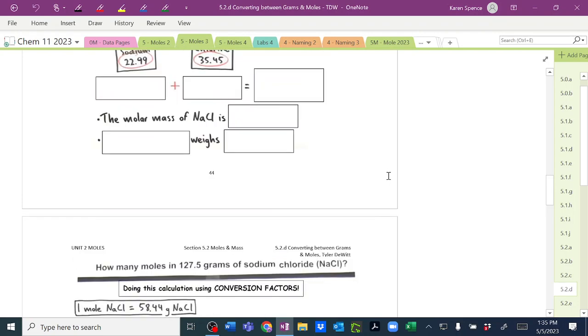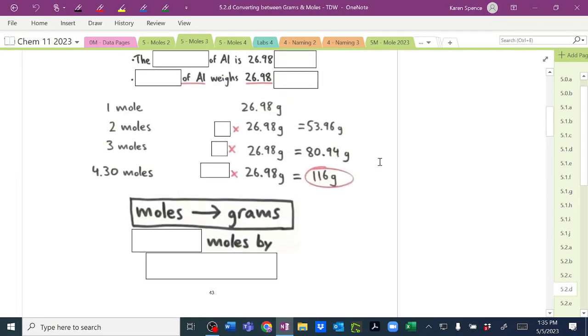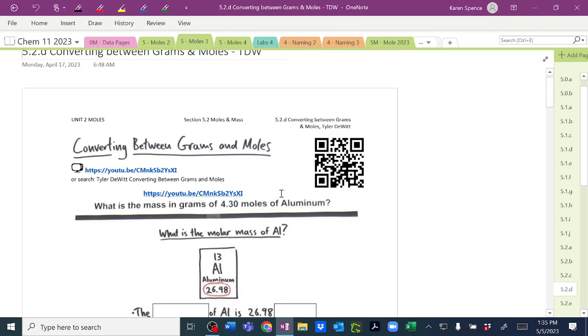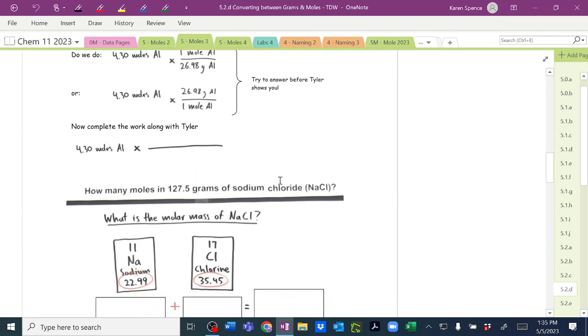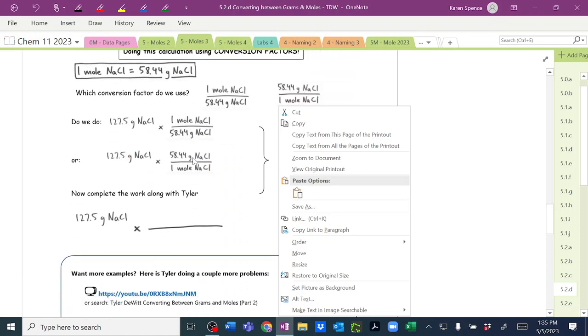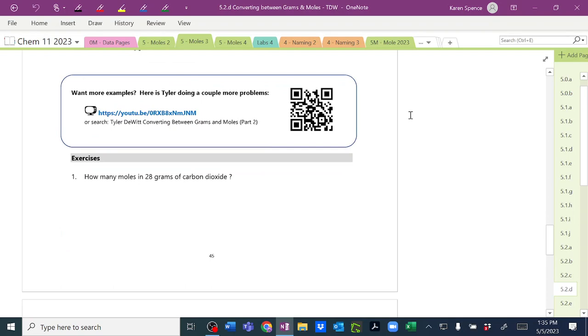And then if you feel like, I don't know about this whole molar mass conversion thing, you could, if you want to, on the weekend, watch Tyler, okay? And Tyler will help you out with the mass to moles conversions. So that is optional, video pages 43 to 45.